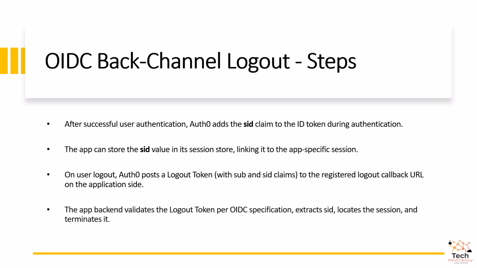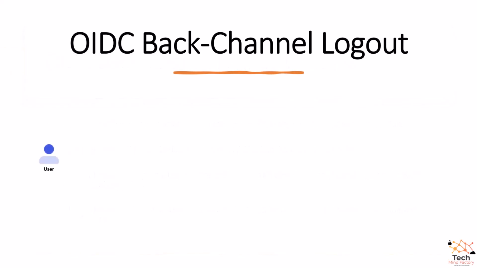The application backend validates the logout token per the OIDC specification. We are going to talk about it here. It extracts the sid claim, locates the session, and terminates it. That's very important, okay?